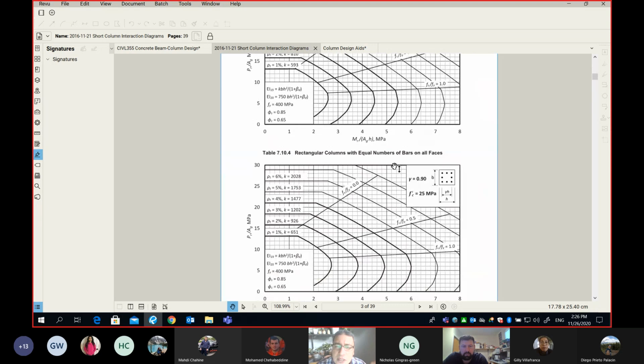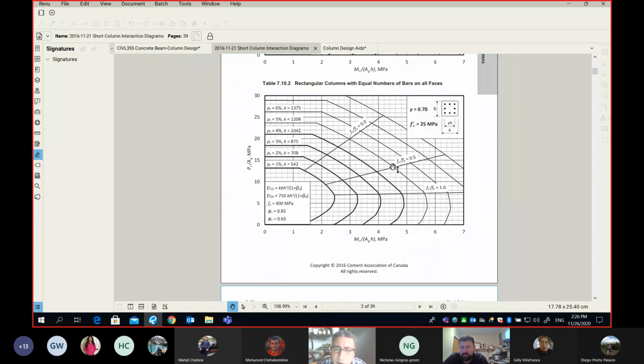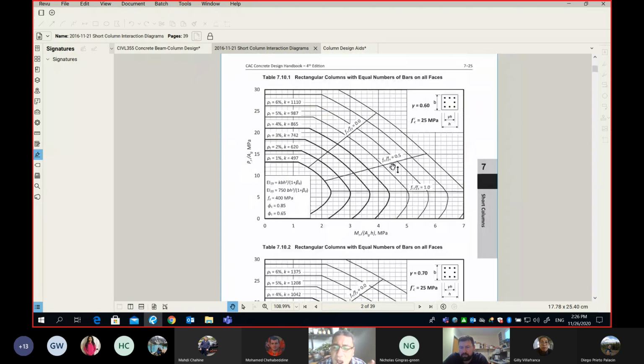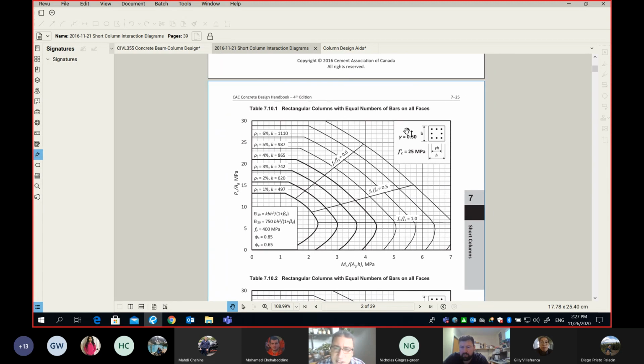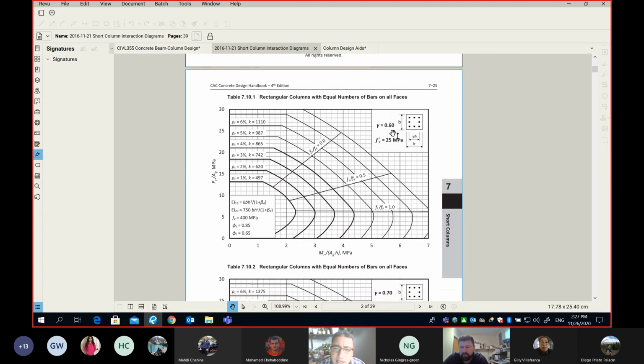What's important at this point is you need to understand why we have many of them, not only one. Because every interaction diagram is based on some assumptions and some parameters. Please watch the following. I think it's protected, so I cannot write on it.